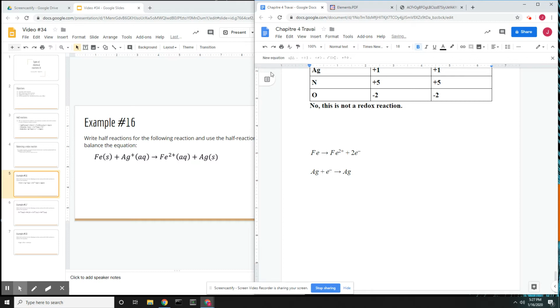So in my overall equation, I'm going to need to double everything that contains silver, and I don't need to do anything to iron. That is completely balanced as is. Upon first glance, you might not have thought to put the 2 in front of the silver. You wouldn't know that until you wrote out the half reactions.